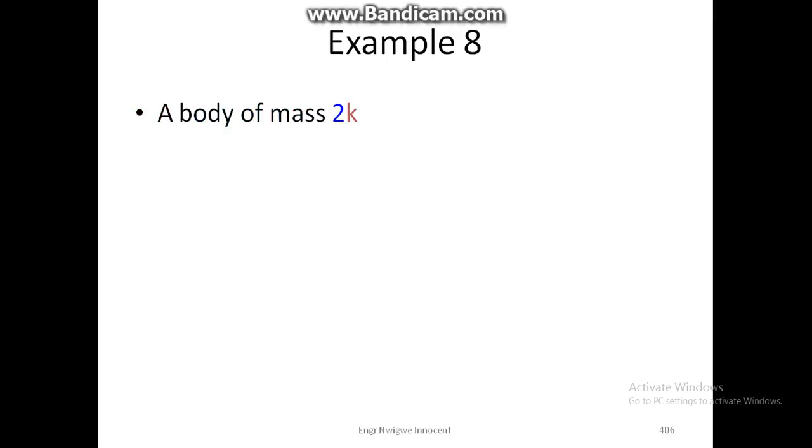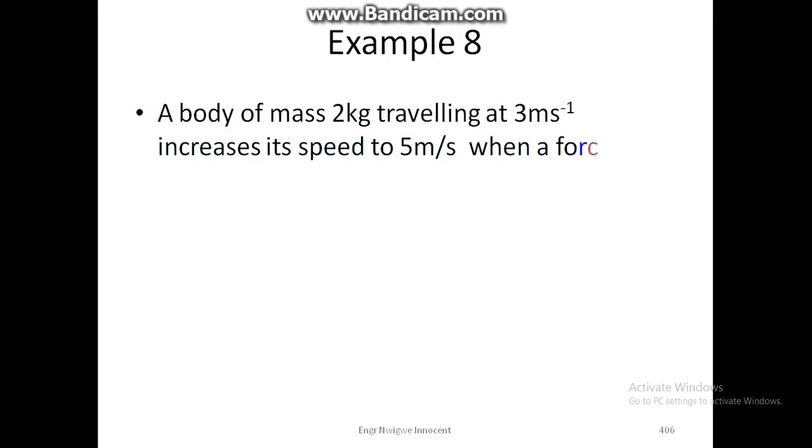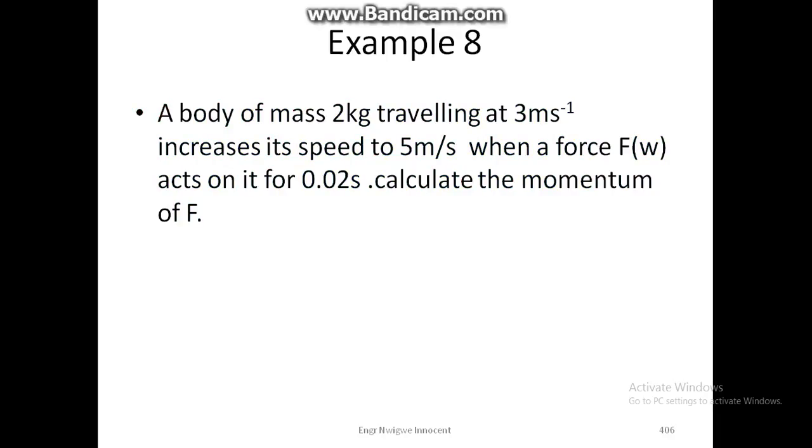Example 8. A body of mass 2 kg traveling at 3 meters per second increases its speed to 5 meters per second when a force F acts on it for 0.02 seconds. Calculate the force. Solution.